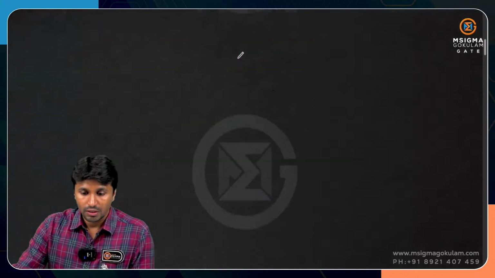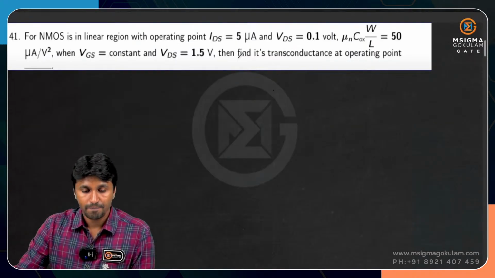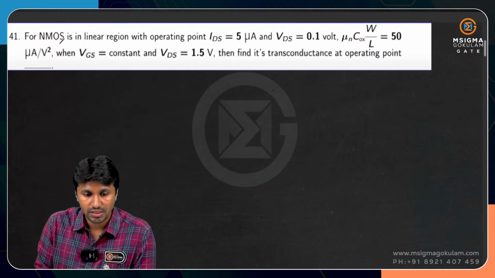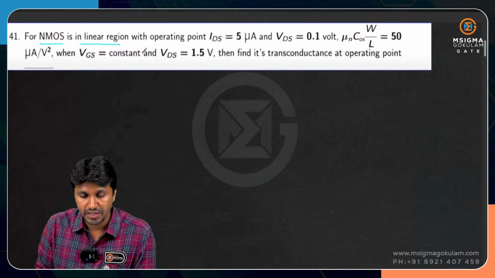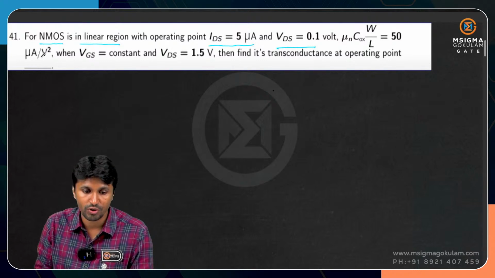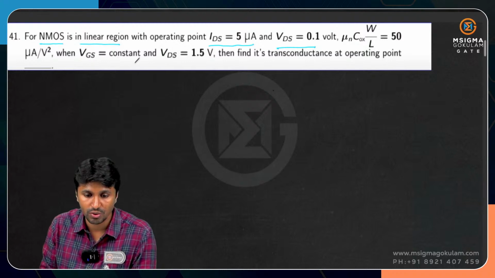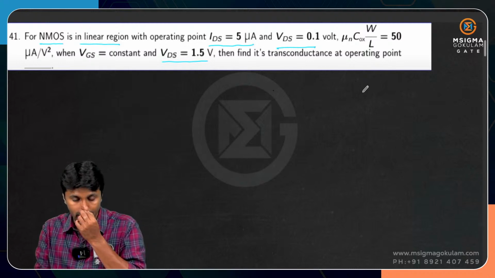Now look at the next question. For an NMOS in linear region with operating point, IDS is given and VDS is given, right? And mu n Cox W by L is also given as 50 microampere per volt square. When VGS is constant and VDS is equal to 1.5, find its transconductance at the operating point, right?